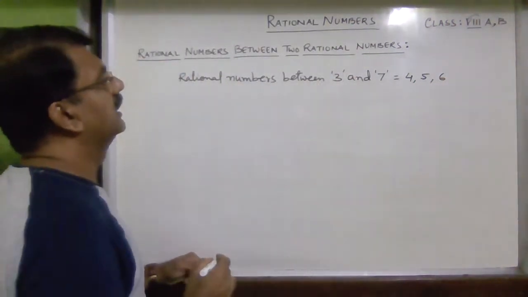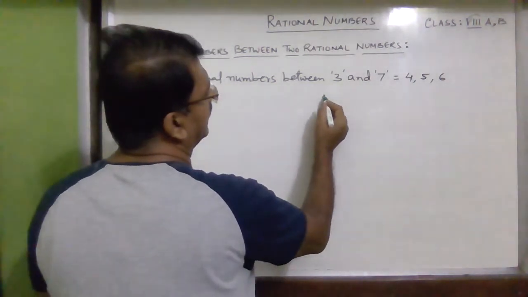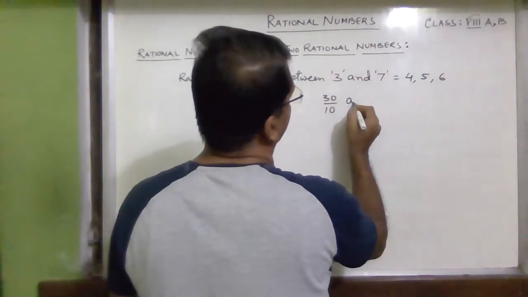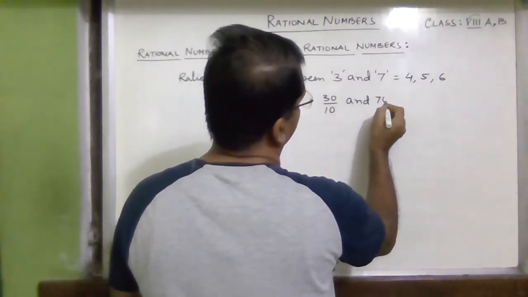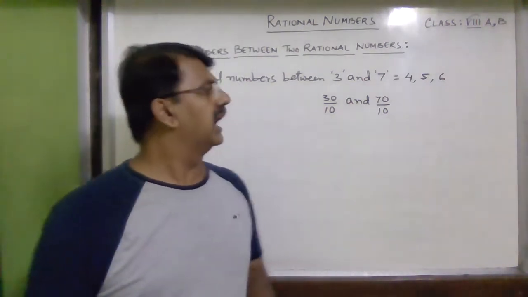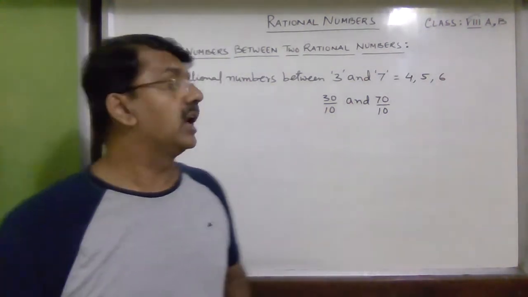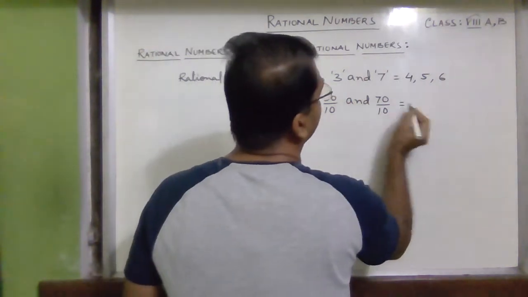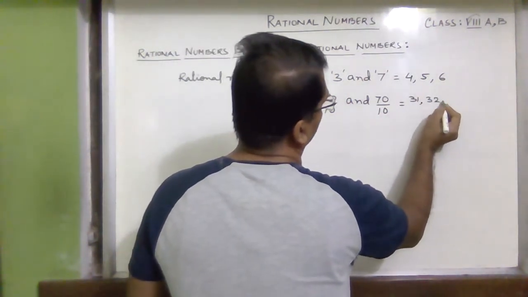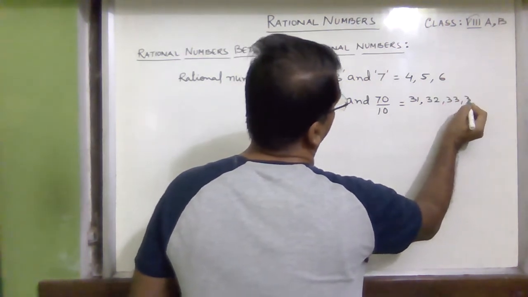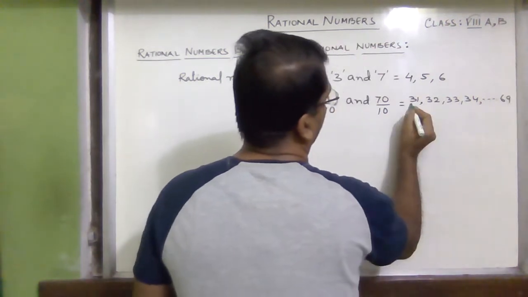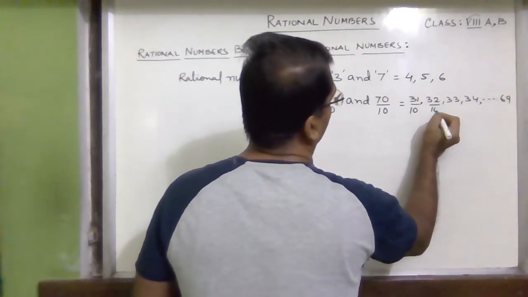But you know that 3 can also be written as 30 upon 10, and 7 can be written as 70 upon 10. Like 30 upon 10 is nothing but 3, and 70 upon 10 is nothing but 7. Now, between 30 and 70, there can be 31, 32, 33, 34, and so on till 69. And below each number you write down 10.